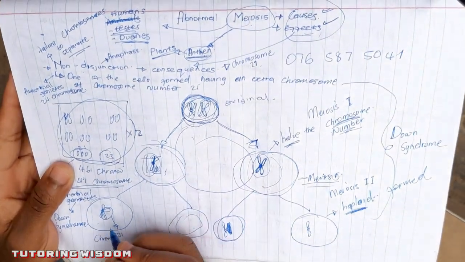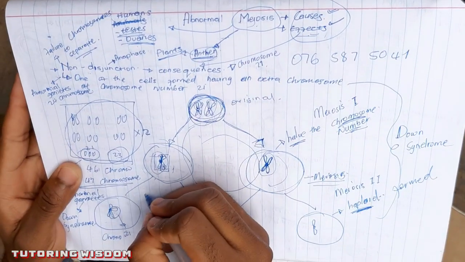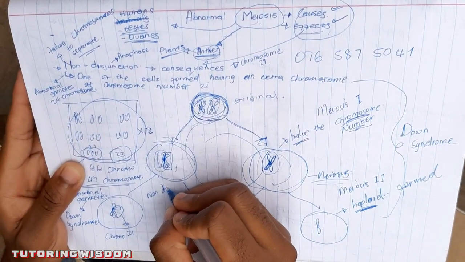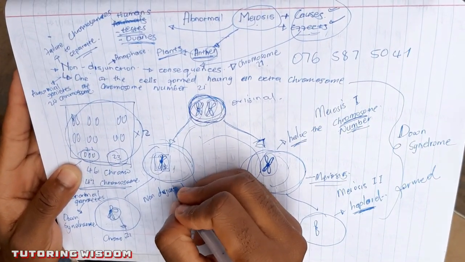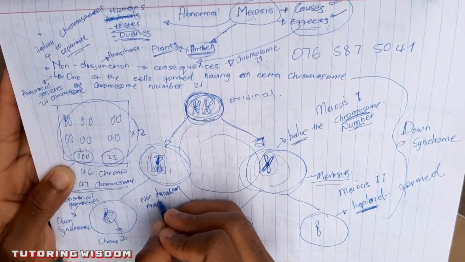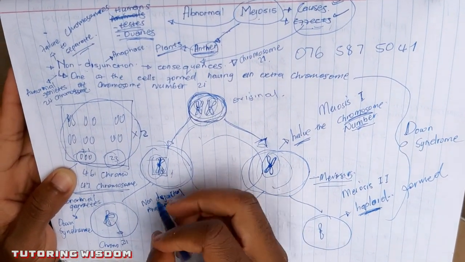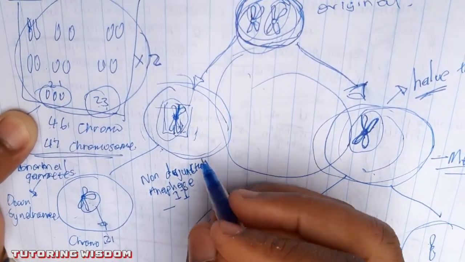So each single chromosome will be in each cell, but this time because of a non-disjunction during anaphase 2, right? So you have to be able to identify when the non-disjunction happened. It happened during anaphase 2.